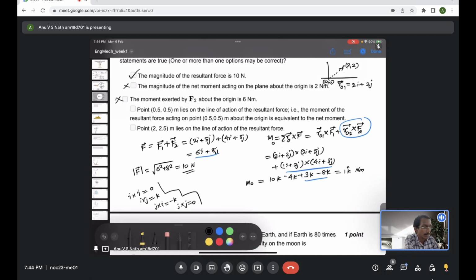The option says that the line of action of this resultant force is passing through the point 0.5 comma 0.5.